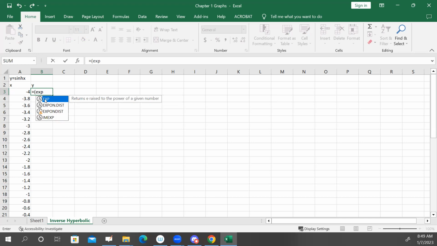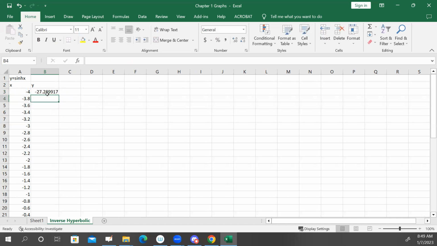The x value I give here is -4, so e to the power x minus e to the power minus x, and then I close the bracket to give the numerator, close it with another bracket, and divide by 2.